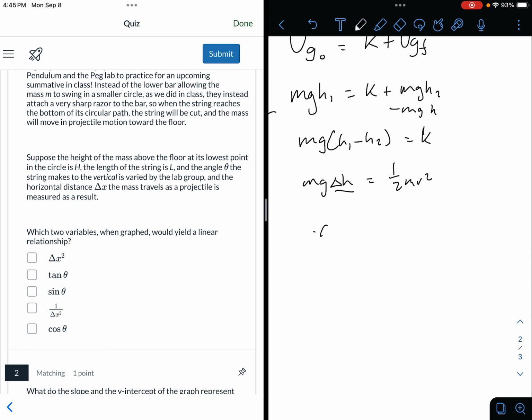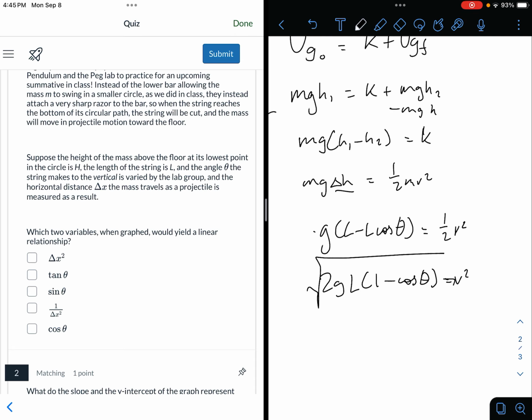So G times L minus L cosine theta is going to equal 1/2 V squared once I drop the M's. So 2GL(1 minus cosine theta) is going to equal V squared. Take the square root, and then multiply it by the time.